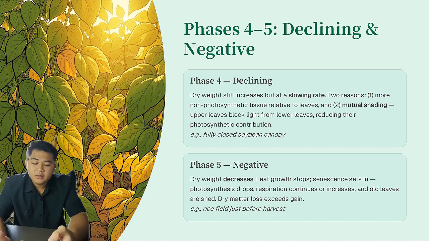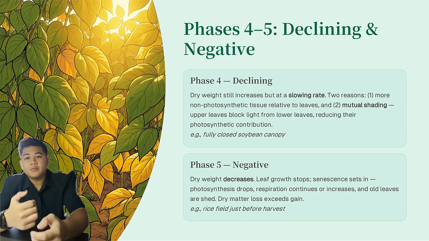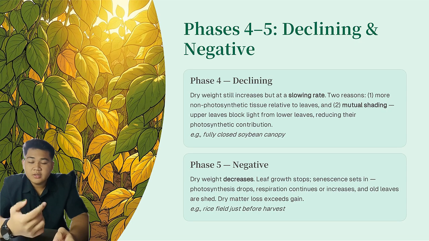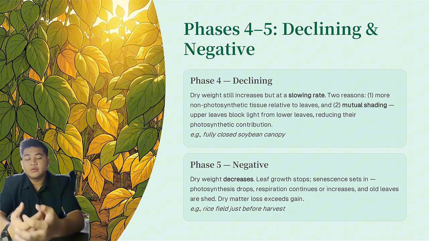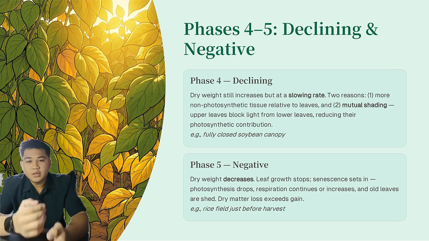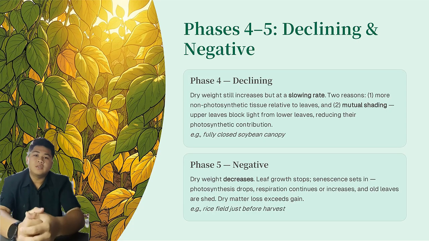The production of new leaves stops entirely, and the existing leaves grow old, meaning the photosynthetic rate is declining, but respiration continues and is often increasing.